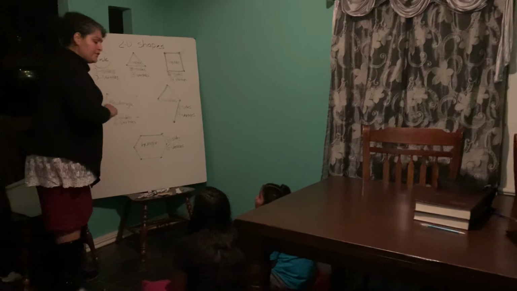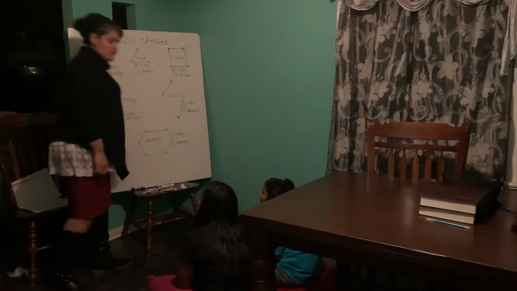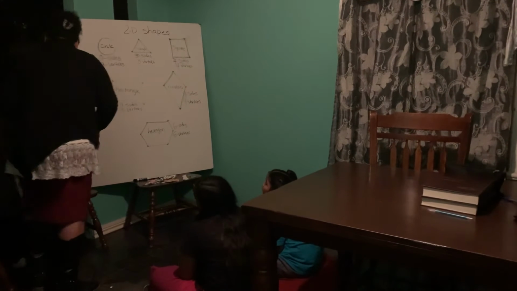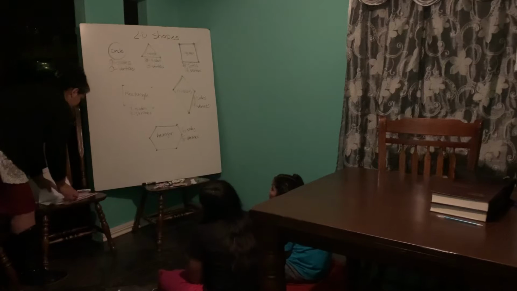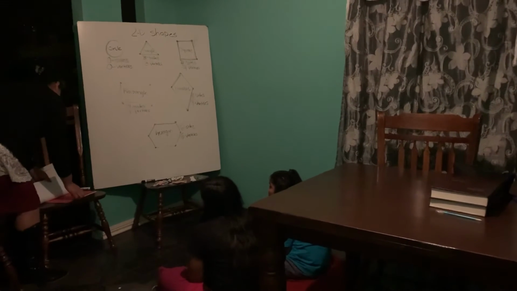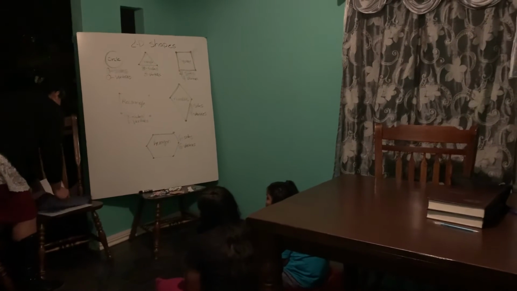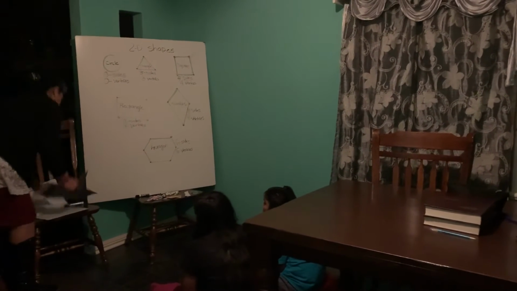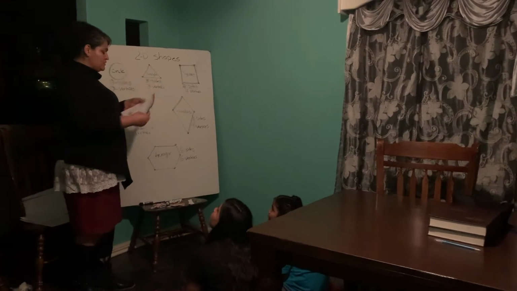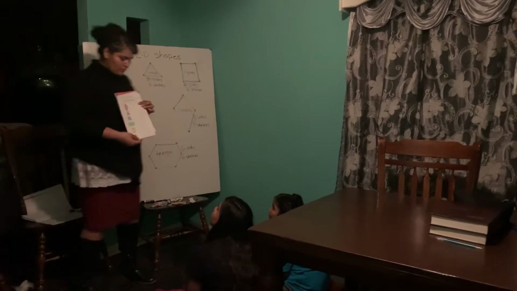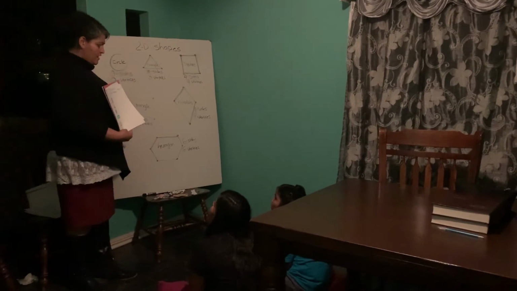Okay, so now that we're learning the 2D shapes, I want you to work in this activity. Let me explain to you what I'm going to do here. So, we have the shapes, the same 2D shapes that we have here.